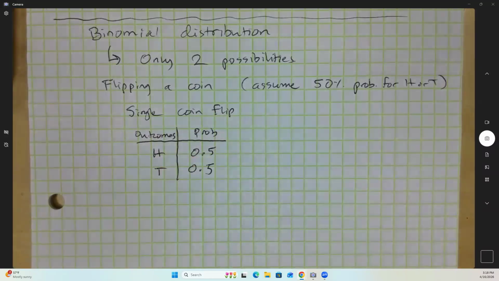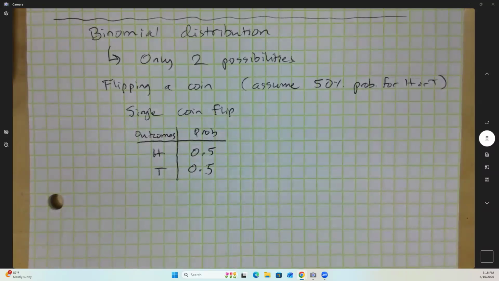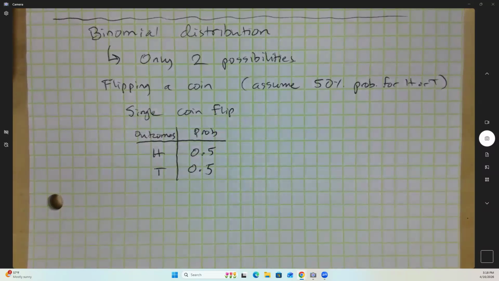That is an extremely boring probability distribution. What's nice is it's pretty quick to understand because there's not a lot there. What we do instead is we think about not flipping 1 coin, but let's flip 10 coins or 30 coins or 600 coins. And let's count how many heads there are.